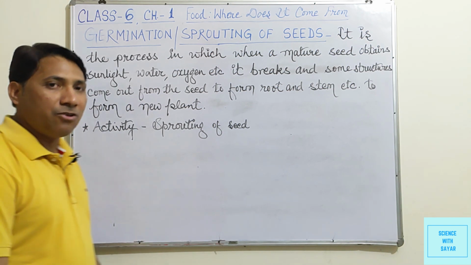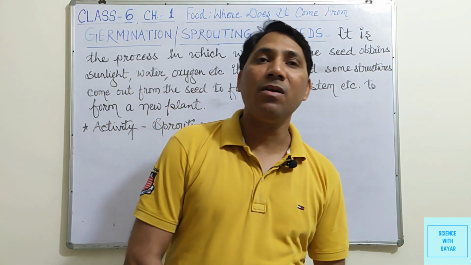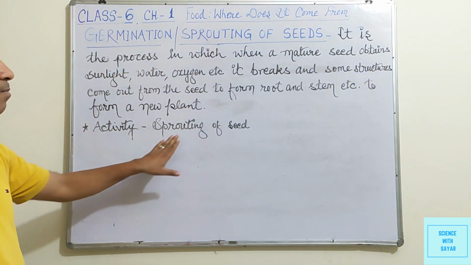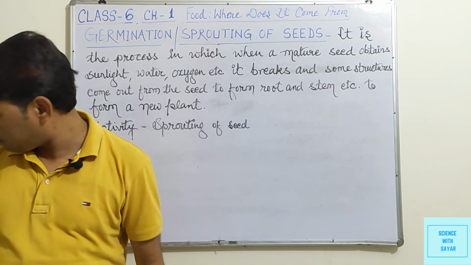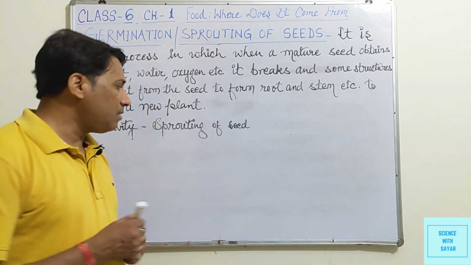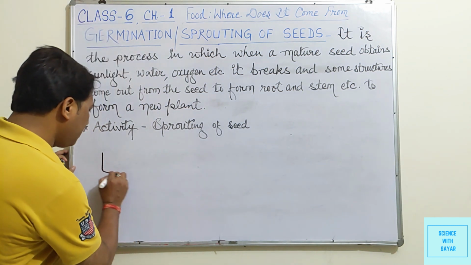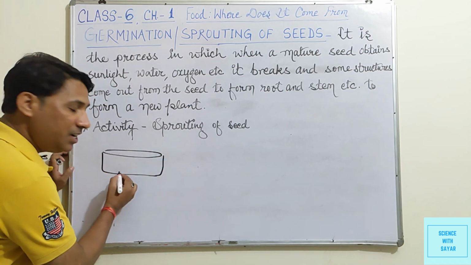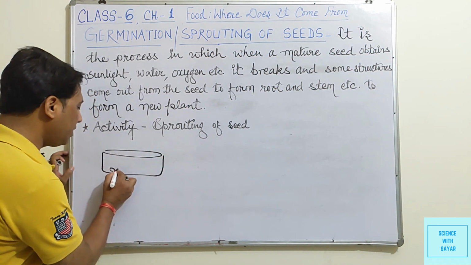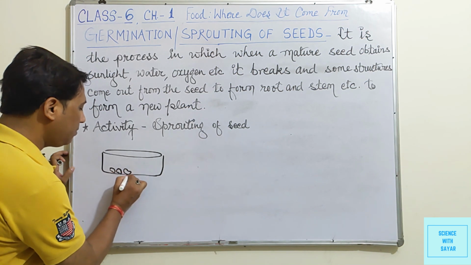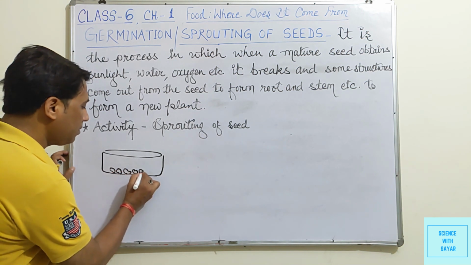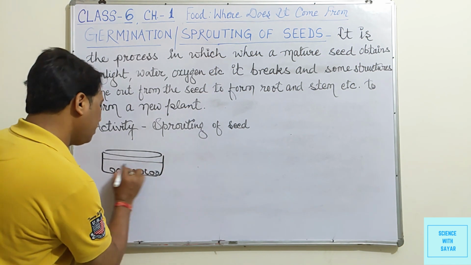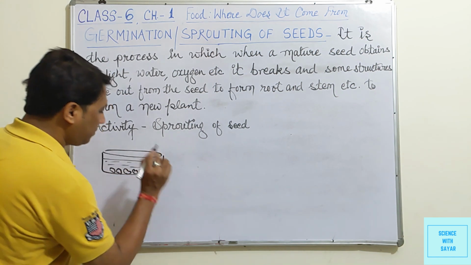Now there is an activity in your textbook to make sprouts, the activity of sprouting of seed. In this activity, we take a container, then we take some seeds. For example, we take gram. We take some seeds of gram and then we pour some water in the container.